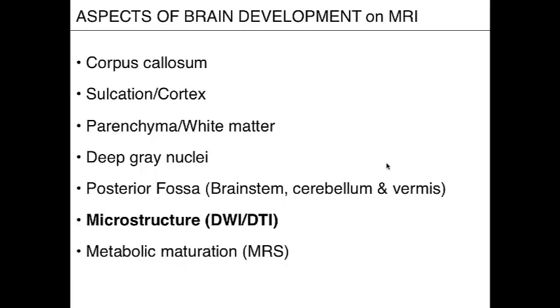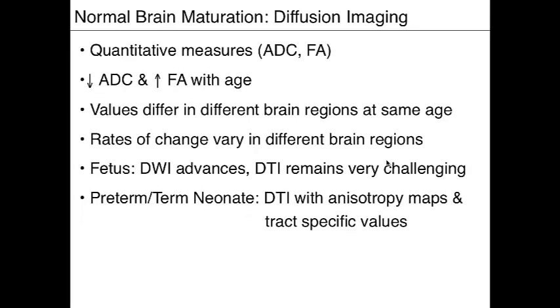Okay, we'll now discuss the appearance of the microstructure of the fetal and neonatal brain as assessed with MRI. And we can use diffusion-weighted imaging not just to look qualitatively at the fetal brain and at the neonatal brain and to see if we see areas visibly of reduced diffusion, but we can also use them to obtain quantitative measures.